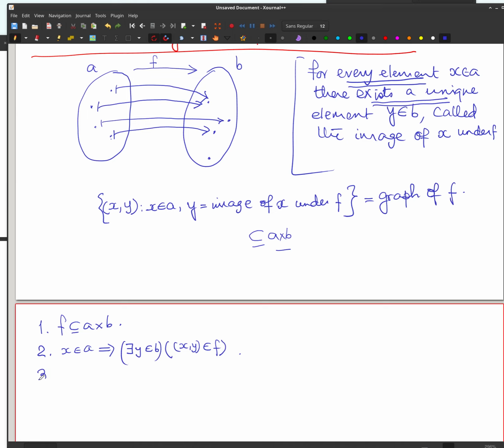So now you will say (x, y) and (x, y prime) belong to F implies that y is equal to y prime. Agreed? So this is exactly this definition put down in a much more formal way. Correct?